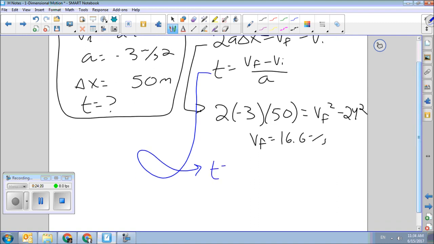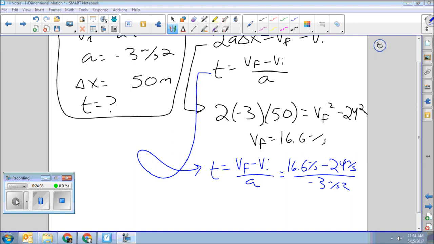T equals VF minus VI all over A. So our final velocity ended up being 16.6 meters a second. The VI was 24 meters a second, and our acceleration is negative 3 meters a second squared. So you get like 2.46, 2.5 seconds. I guess we gotta go 2.5 seconds if we want to keep some semblance of accuracy with our sig digs.